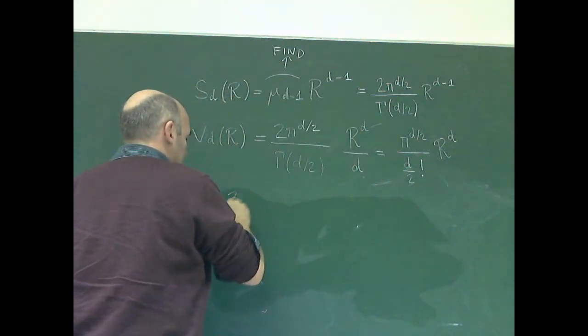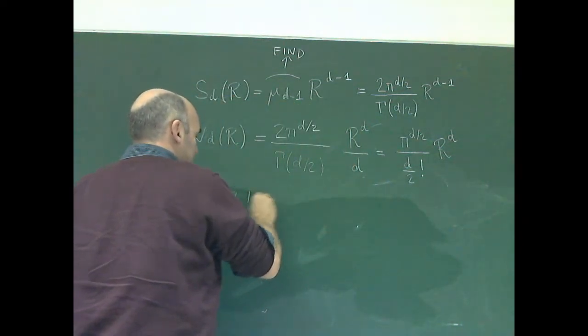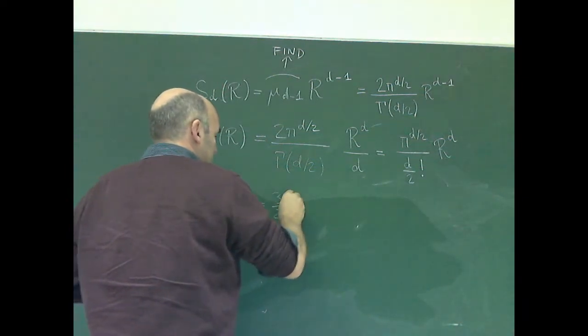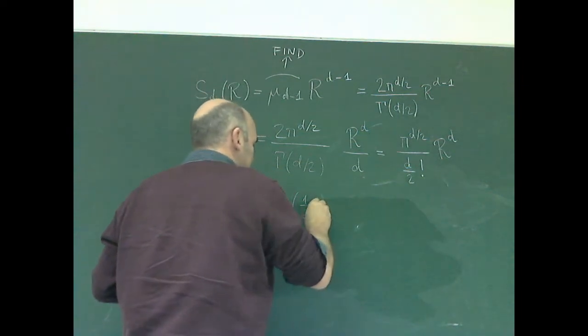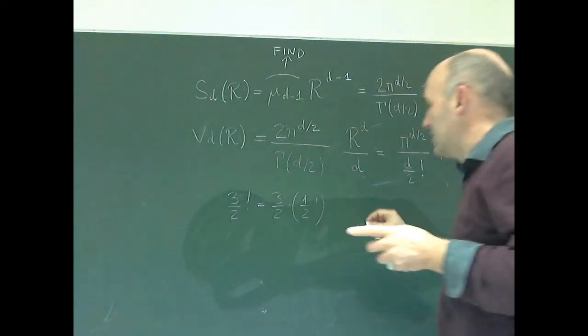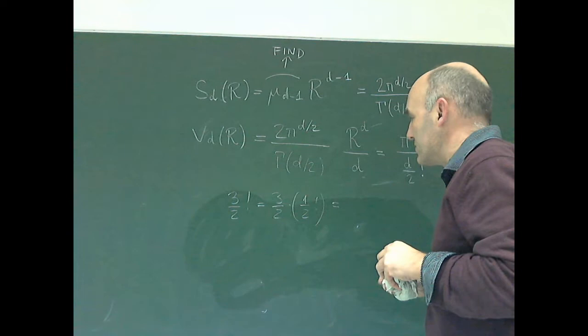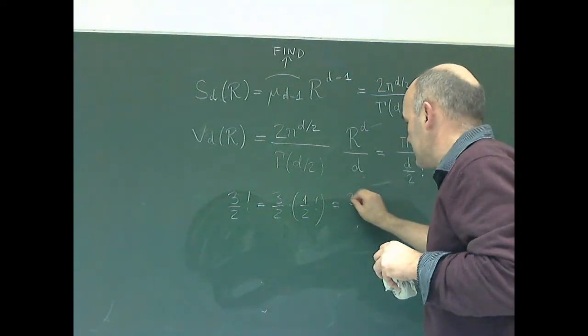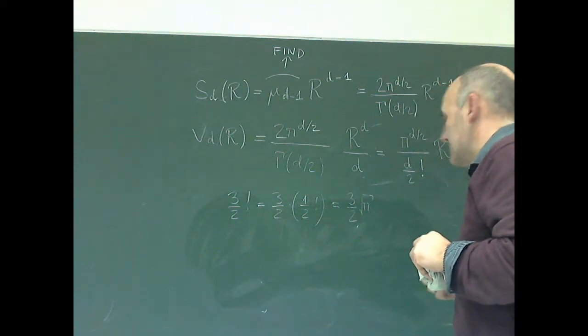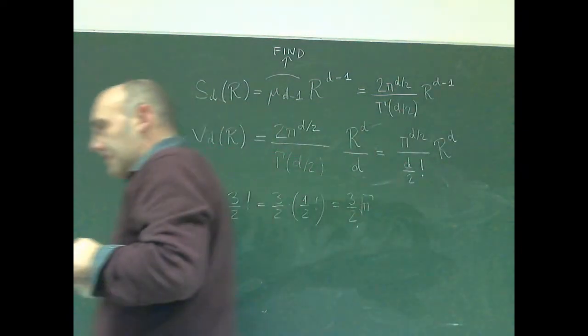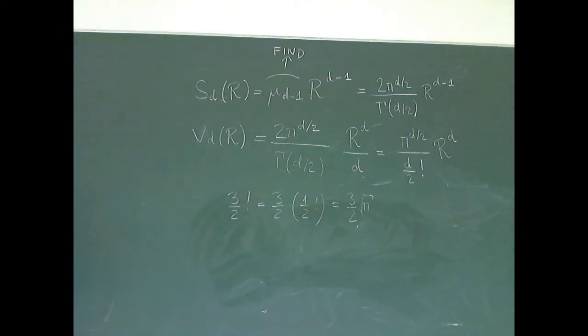Three divided by 2 factorial in my definition is 3 half times 1 half factorial. The only thing I have to remember, according to this definition of the gamma function, is that 1 half factorial is the square root of pi. So this will be the end result, 3 half the square root of pi. And there you can continue the calculations for any half integer value.